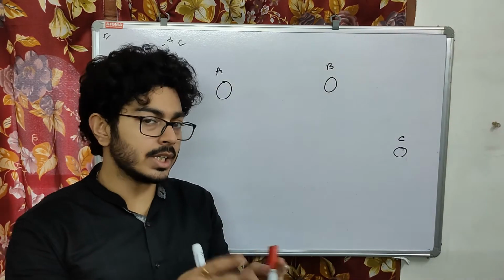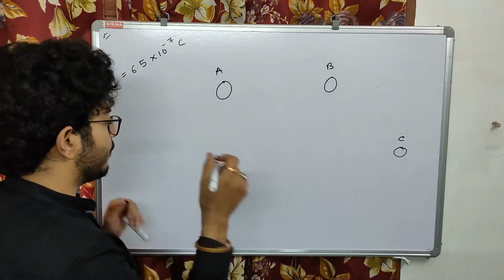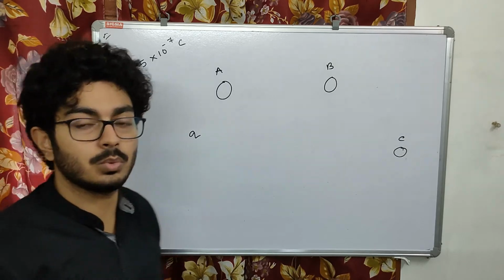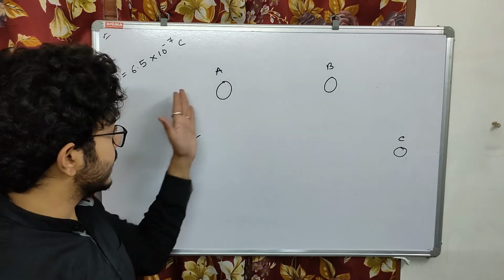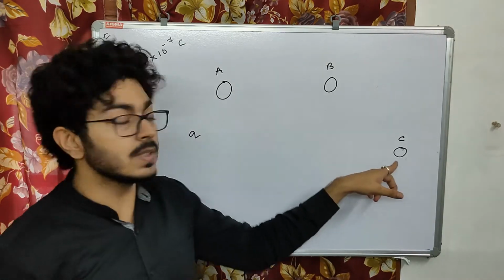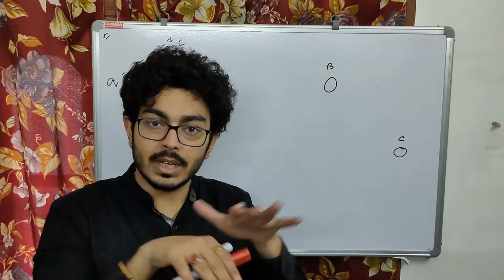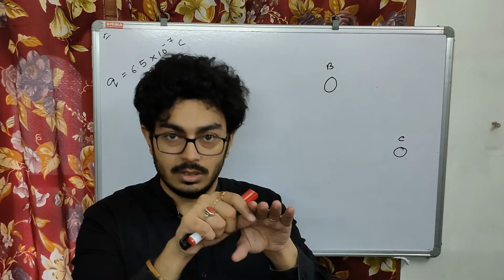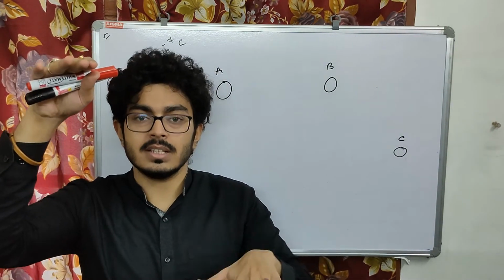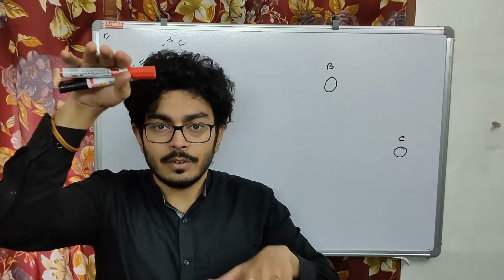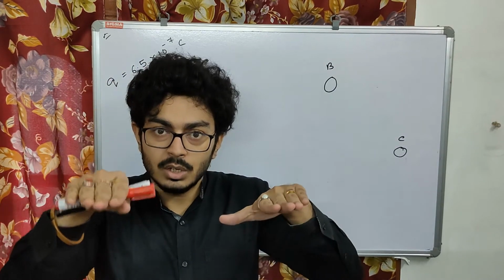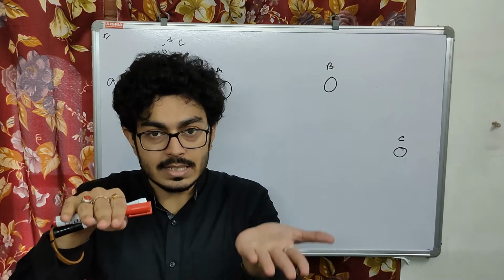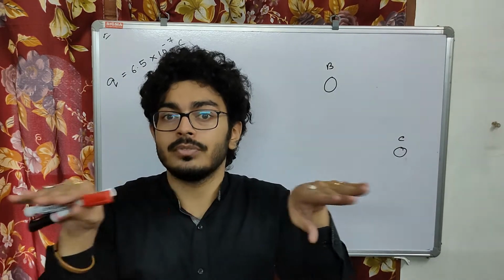Now when it is touched at A, what will be the condition? If A previously had Q charge and C had no charge, there will be a flow of charge from A to C until the two become equal. This is very easy to understand. If you connect two bottles, one filled and another empty, the filled one will lower its amount of water and the empty one will get some water till both have the same amount.